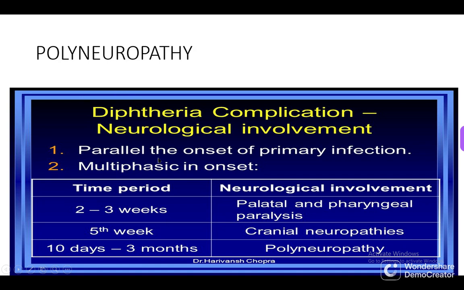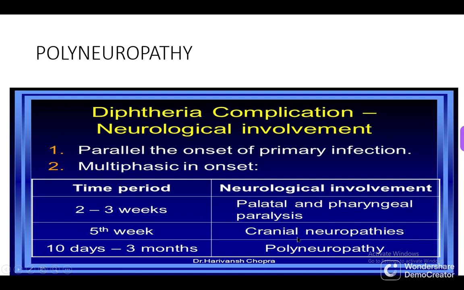Polyneuropathies, I said that it is not very common. It parallels the onset of the primary infection, multiphasic in onset, with a time period of 2 to 3 weeks, with palatal and pharyngeal paralysis. It means that the vagus nerves are involved, the 9th, 10th and 11th nerves basically. That is called the pharyngeal plexus.